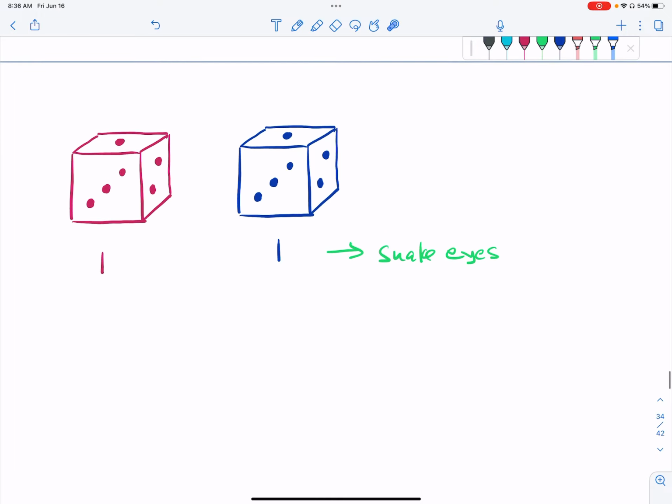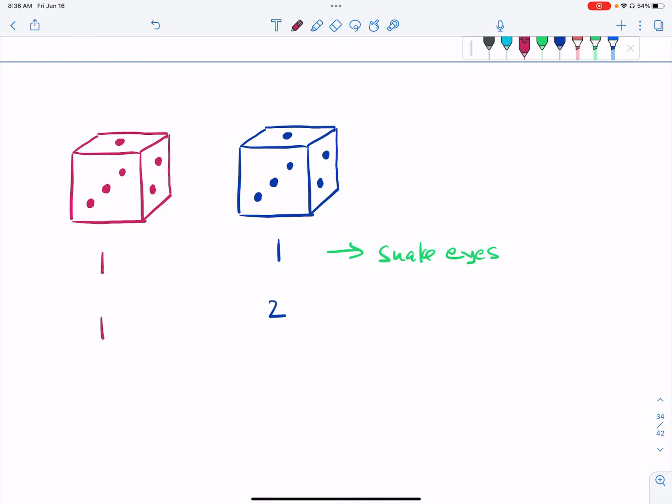Instead, let's see how we could approach it. We could, like I said, make some sort of organized list. I already had the 1 and the 1, so let's keep the number 1 over here on the red die and pair it up with everything that we could have over here on the blue die. And so the blue die could also have the number 2.